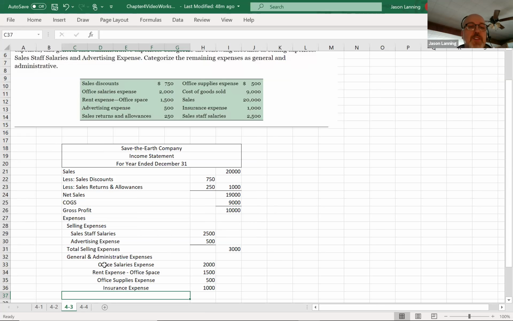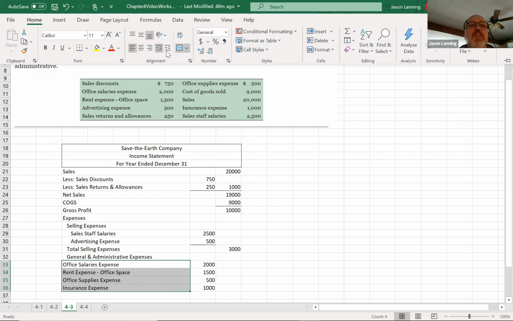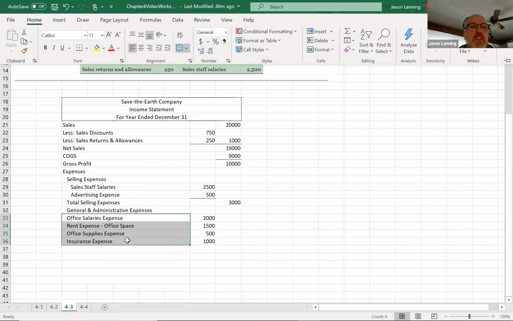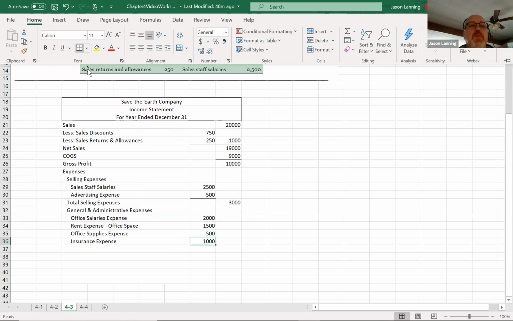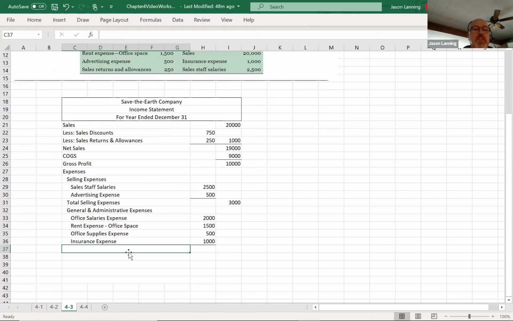I don't see anything. So we'll line these up real quick, and we'll total them out and see what we get.